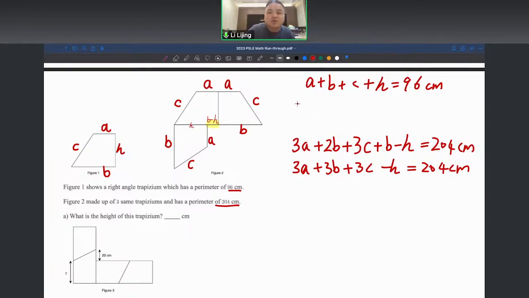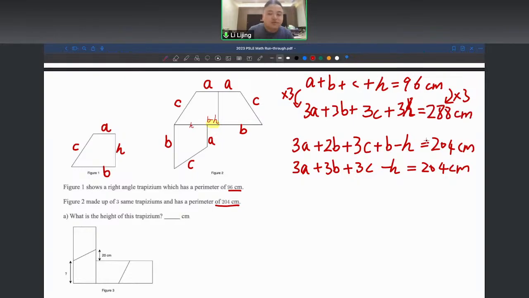So what you can do is make this 3 sets. So you get 3A plus 3B plus 3C plus 3H equal to 288 cm.